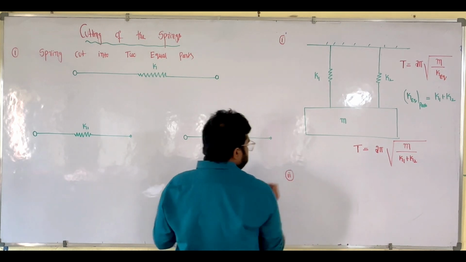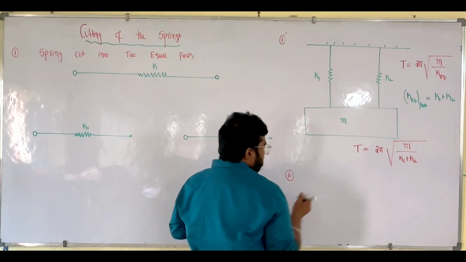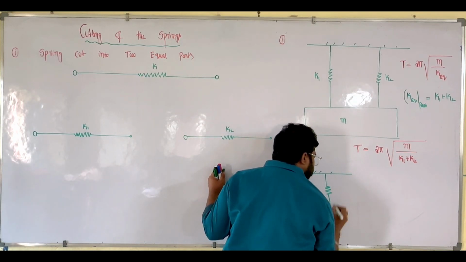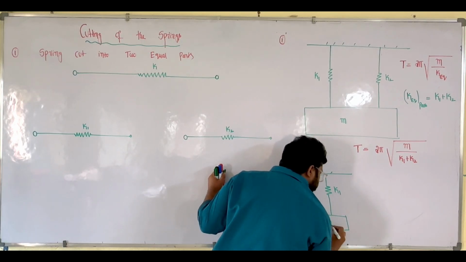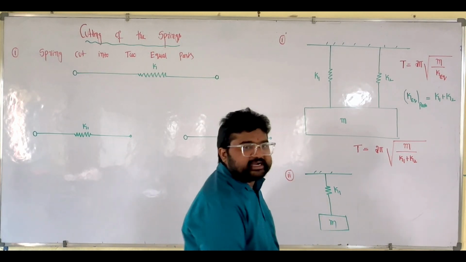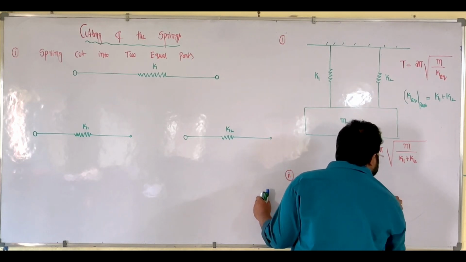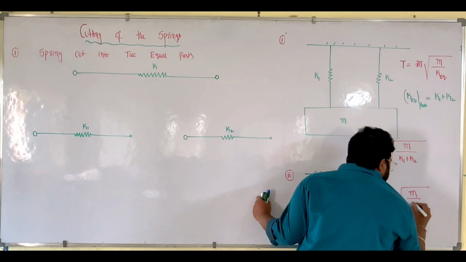Another case: if they take only one part, either K1 or K2, and the same mass M is attached, what is the time period of oscillation? T1 equals 2 pi square root of M by K1.